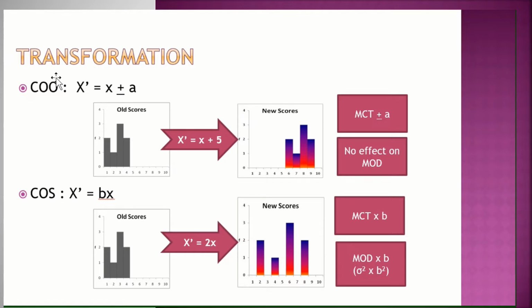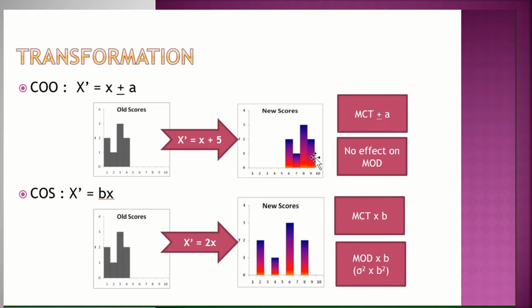First and foremost, why do you call it change of origin? Because the original shape of the distribution didn't change. It's just that it's moved from left to right or right to left. All right, it just moved, but it all looks the same. So change of origin, in other words, is when you plus or minus any value to your data.